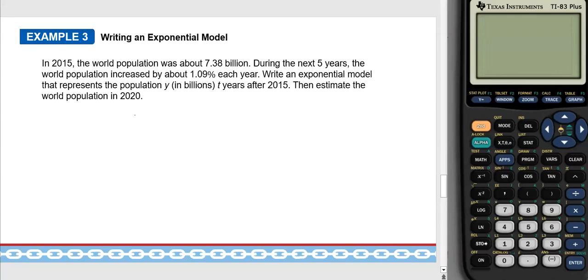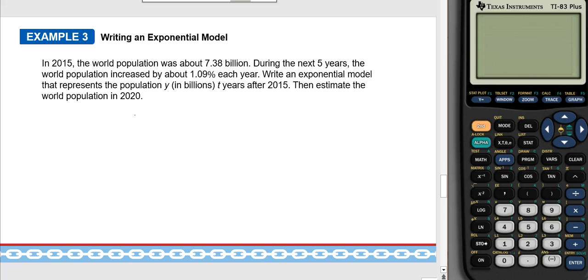So in example 3, it says in 2015, the world population was about 7.38 billion. During the next 5 years, the world population increased by about 1.09% each year. Write an exponential model that represents the population Y in billions T years after 2015, and then we are supposed to estimate the world population in 2020.